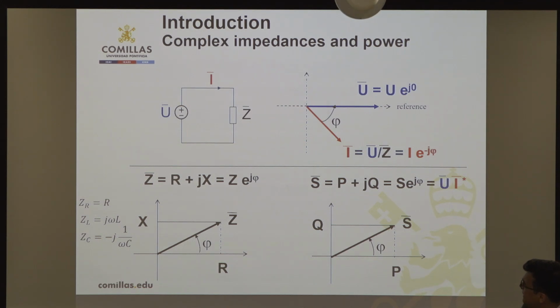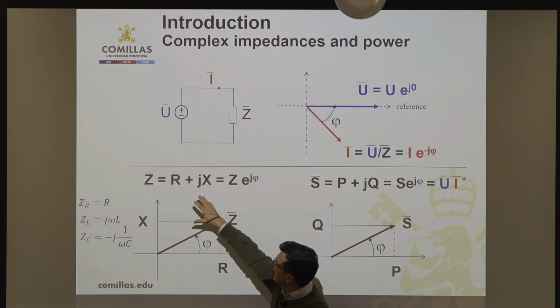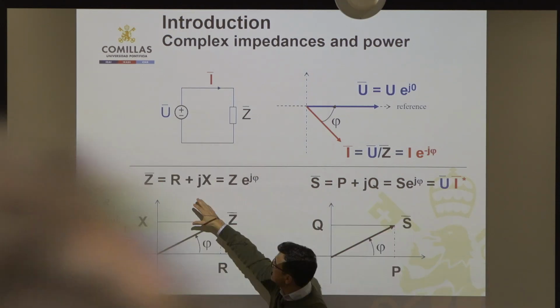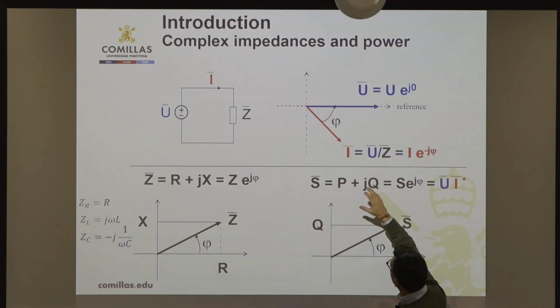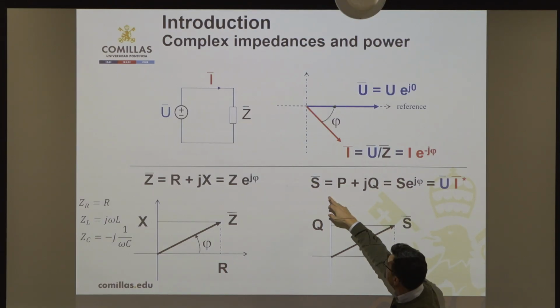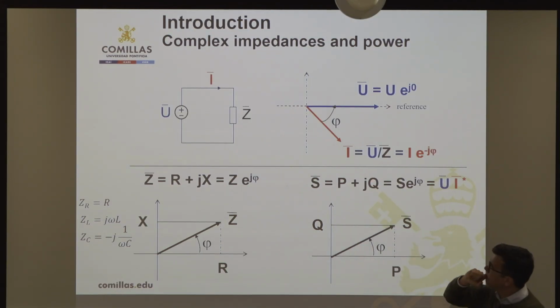So whenever you have this impedance, the resistance is the real part and the reactance is the imaginary part. We have voltages and currents, and this is the apparent power: the real part is the active or real power, and the imaginary part is Q, the reactive power.